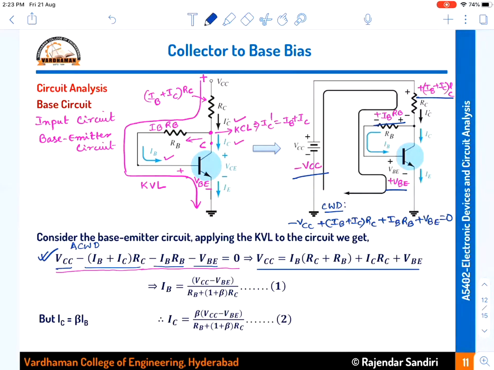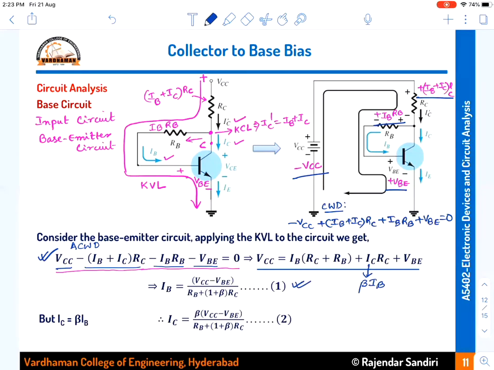From this equation, you substitute. I want this entire equation to be the result in terms of IB only. IC is also there, but we know the relationship between IB and IC. IC can be written as beta times IB. Take IB common wherever it is there and rearrange that equation to get equation number 1, which is IB.